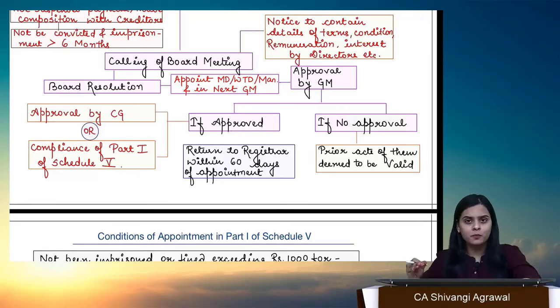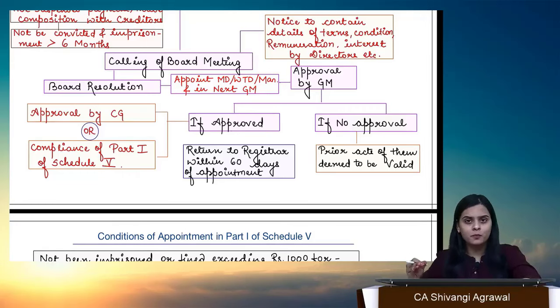Now, apart from that, we have certain disclosure requirements, which are for every listed company. So a listed company has to disclose the median remuneration, the increase in remuneration, the increase in median remuneration of permanent employees, the average percentile increase, whether whatever remuneration you're paying is according to the remuneration policy or not, the names of the top 10 employees who are drawing the highest salary, and the names and details of employees who are drawing salary of more than or equal to 102 lakh per annum.